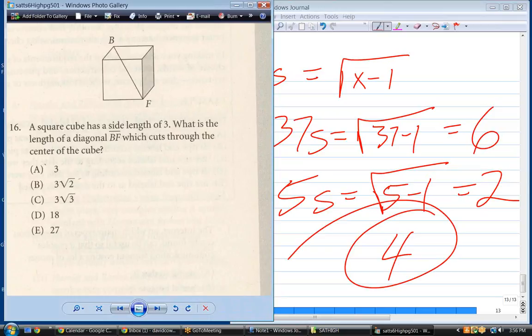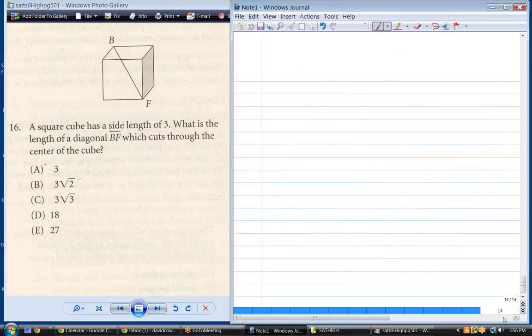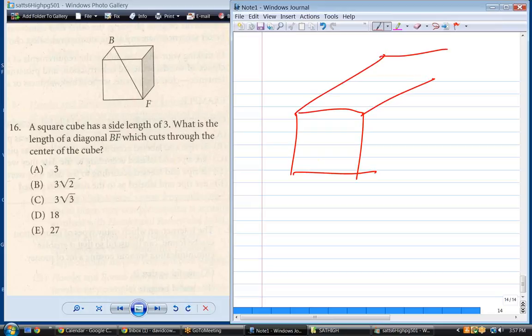Okay, this one's a good one. I'm glad we came across it because this one is memorization. When you have a rectangular brick, whether it's a cube or not, I'm such a horrible artist. Amazing I can do math at all.